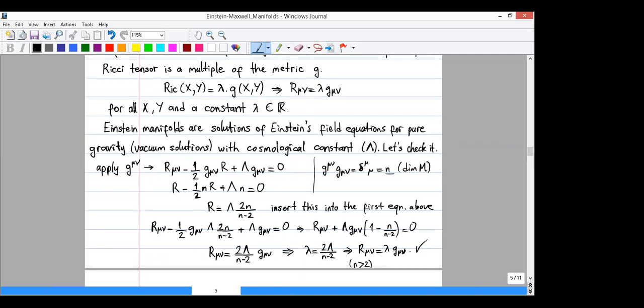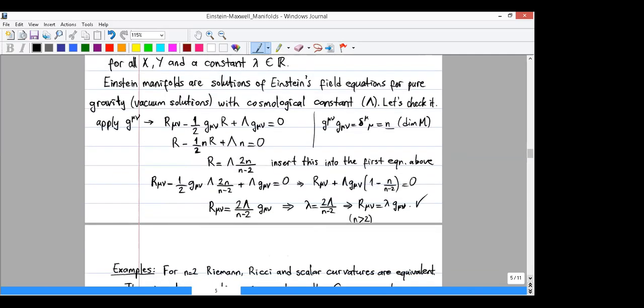So here we obtained 1/2 n times R, and also here n. And from here, if you take R in parentheses and take these to the other side, you obtain R equals lambda, the cosmological constant, times 2n over n minus 2. And then insert this into the first equation here.